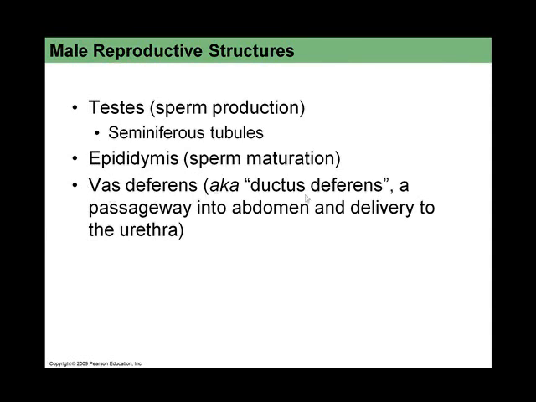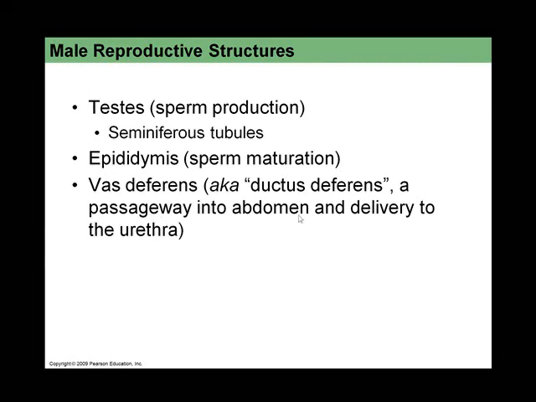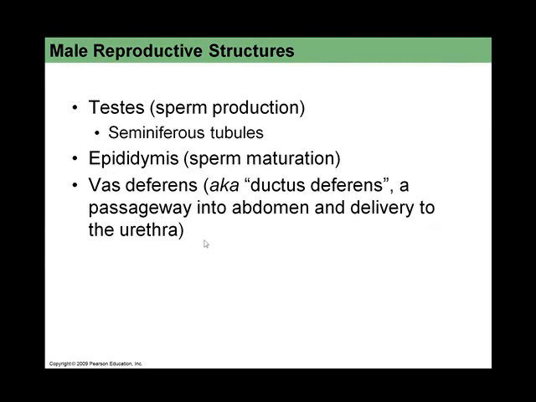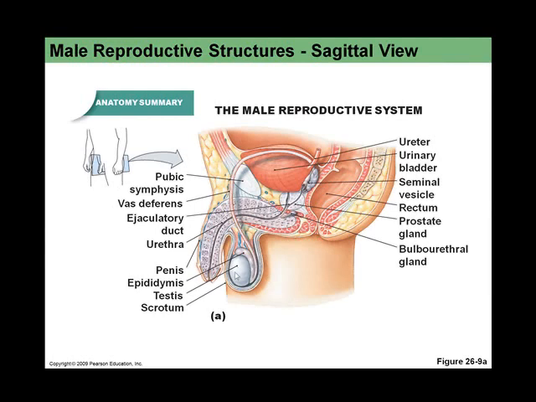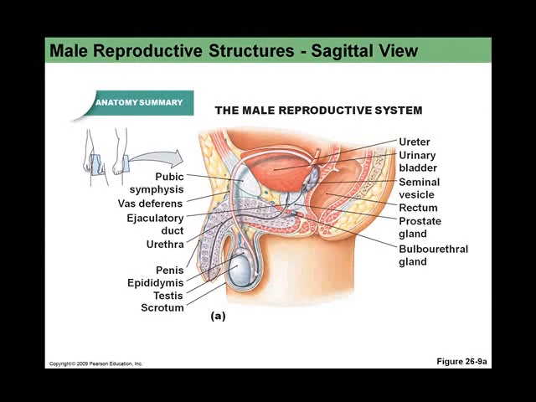The vas deferens, also known as the ductus deferens, is a passageway into the abdomen and delivery to the urethra. So from the testis, the seminiferous tubules within there, the developing sperm will reach the epididymis, a coiled tubular structure. So over a short overall length, there's a lot of space to house the nearly 200 million sperm or more.